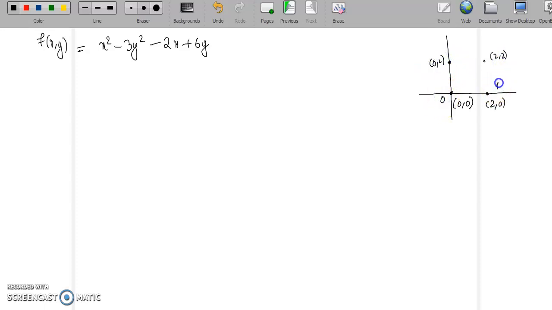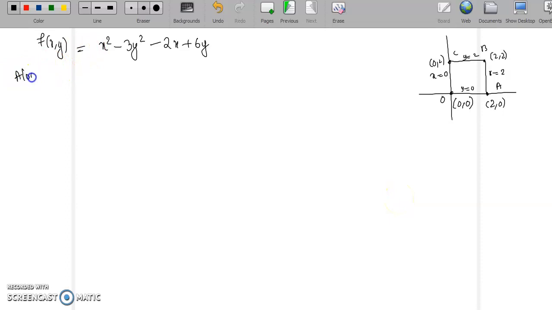Let us take it as O, A, B and C. Now you can see that along OA, y is fixed, so y is equal to 0. Along AB, x is equal to 2. Along BC you have y equal to 2, and along CO we have x equal to 0. So these values are fixed on these lines.